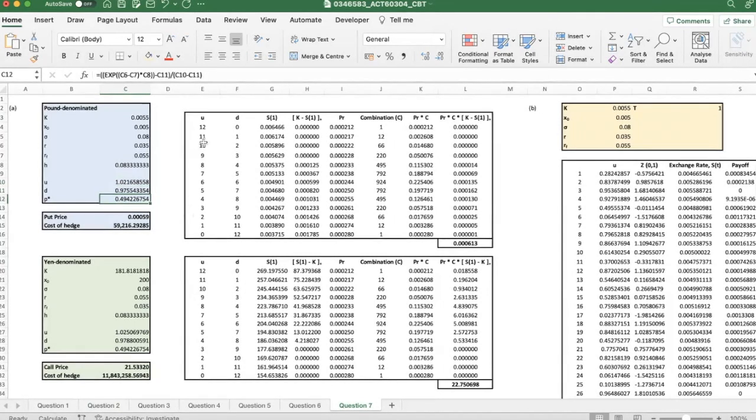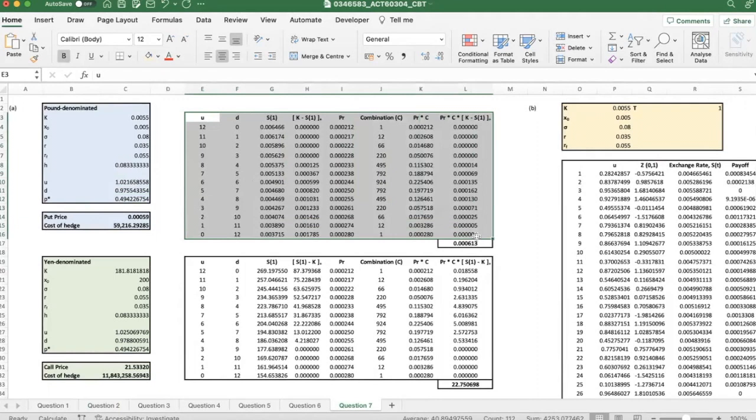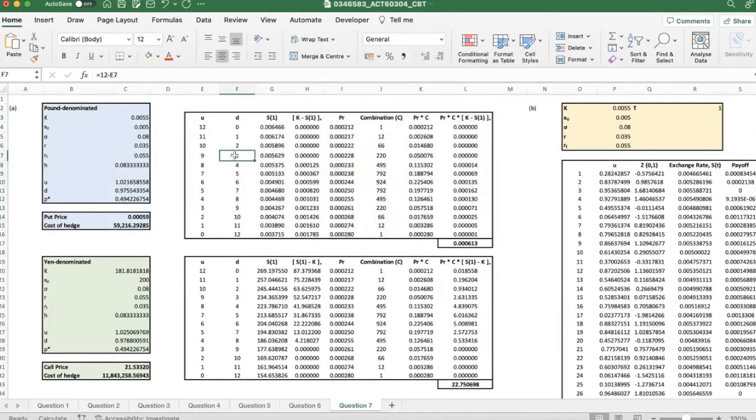We will begin by drawing out a table. This establishes the terminal exchange rates, which is what we wrote in the last line of our binomial tree just now: u power 12, d power 0, u power 11, d power 1.